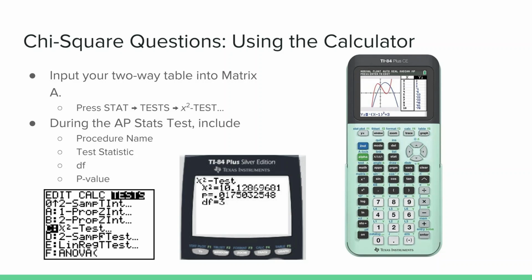You don't need to worry about the expected matrix as long as you entered your observed data into matrix A. Then you can click calculate, and all your values will be there. However, it is important to remember that during the AP stats test, you should include the name of the procedure, which would be either the chi-square test for homogeneity or association or independence, and to report the test statistic, the degrees of freedom, and the p-value.